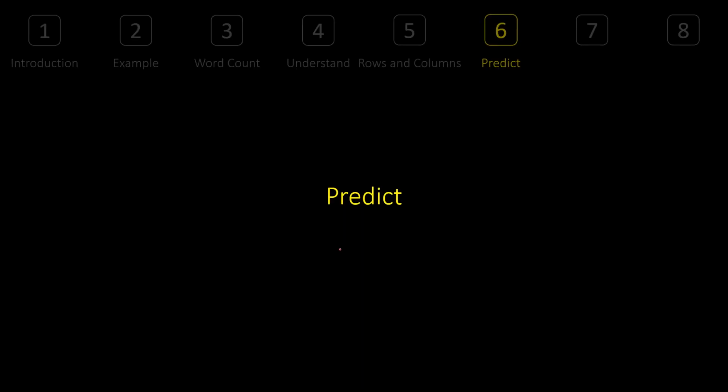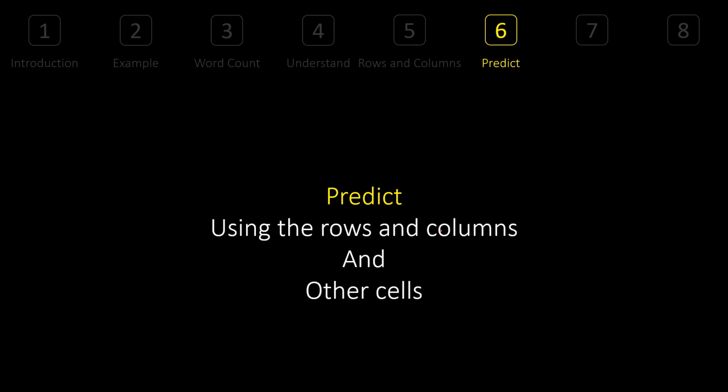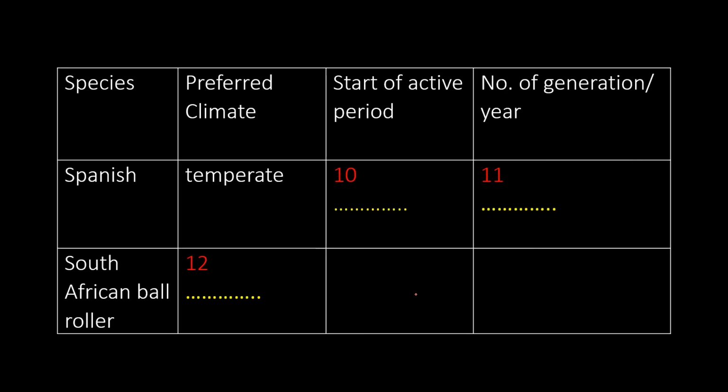Okay. Now we have to predict. We have seen this earlier as well in rows and columns. We get information from rows and columns about what could be an answer, right? And also other cells help. Other cells try to help you by giving a hint towards the answer.